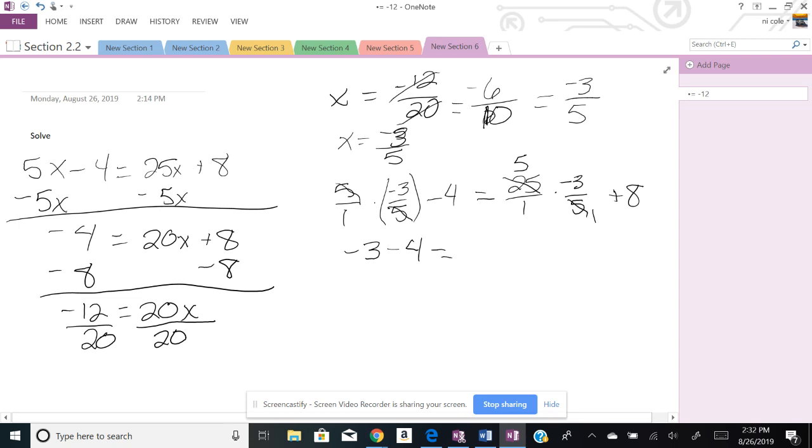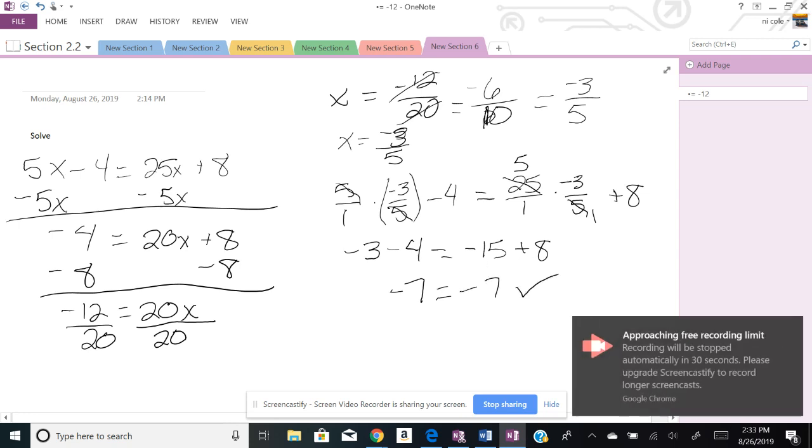So now I've got 5 times negative 3, which gives me negative 15, plus 8. Negative 3 minus 4 is negative 7. Is that equal to negative 15 plus 8, which also is negative 7? Yes, that checks. All right.